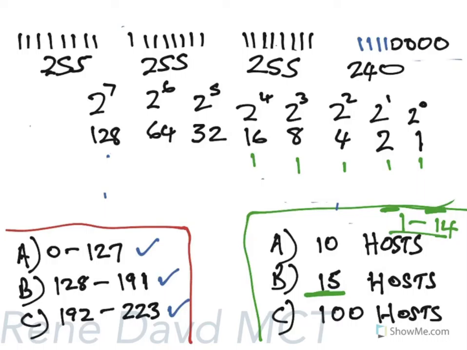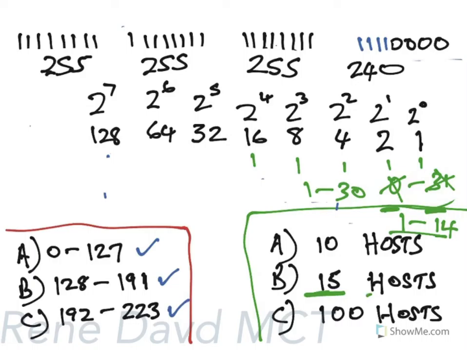So we've got to go 1 more bit, which takes us to 31. That gives us 0 to 31. Remember, in actual fact, this only gives us 1 to 30. Why? Because the first address is used as the network identifier and the last address is used as the broadcast address for that subnet.